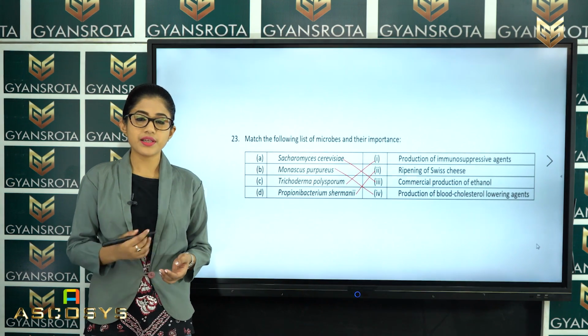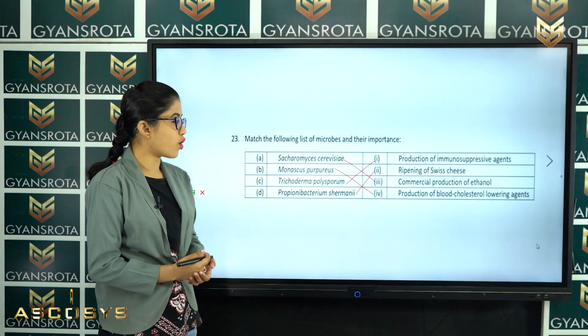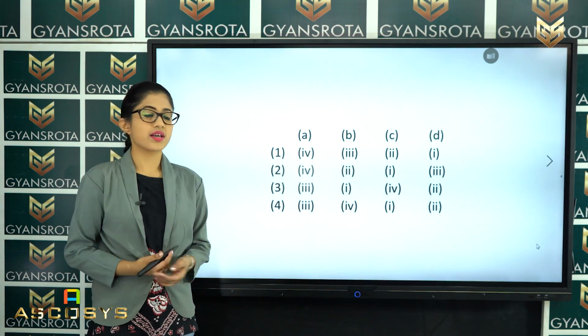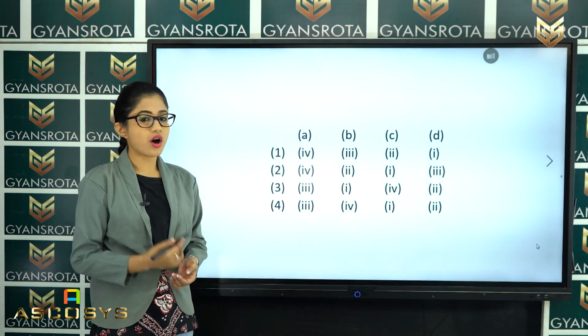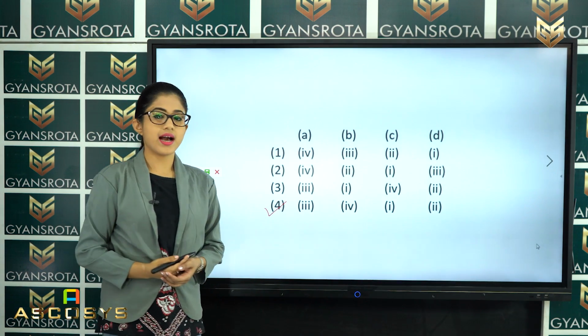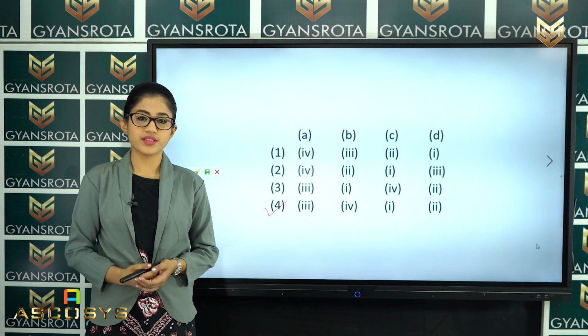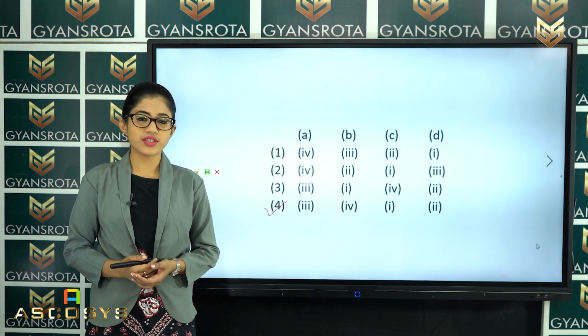They help in the ripening of Swiss cheese. So, this is the correct sequence of this question. Among these 4 options, option number 4 is the correctly written answer. So, this is the correct answer of this question. Now, let us see the next question.